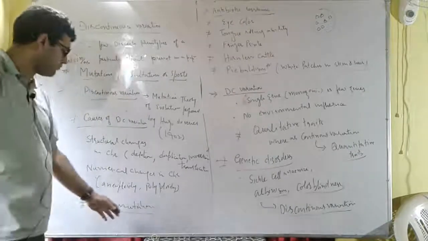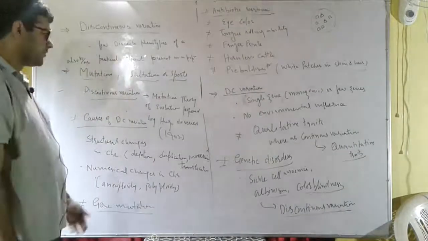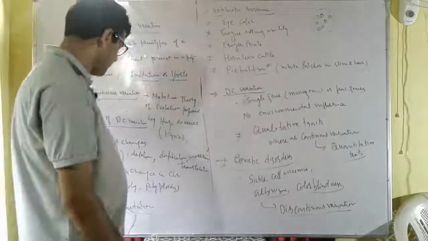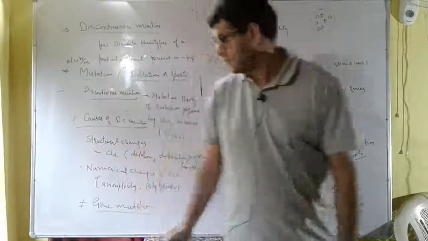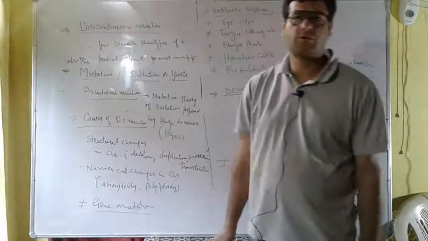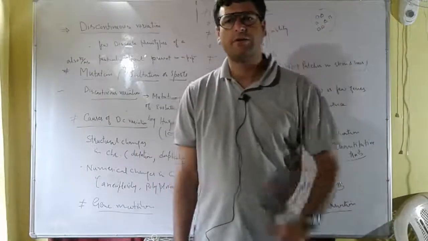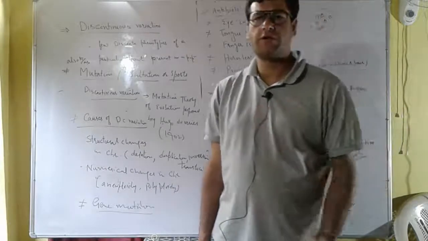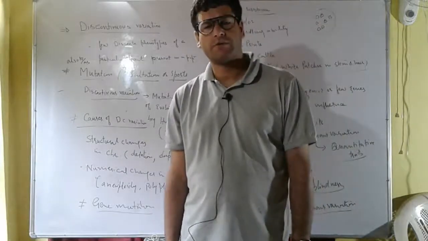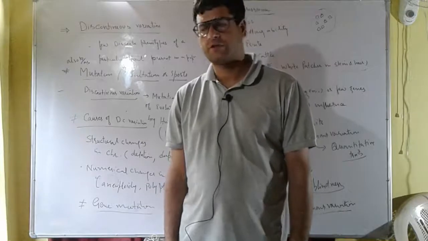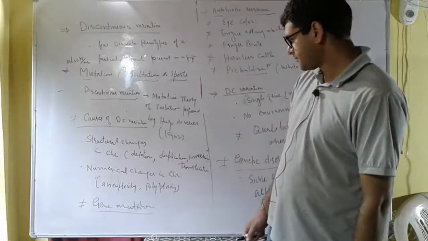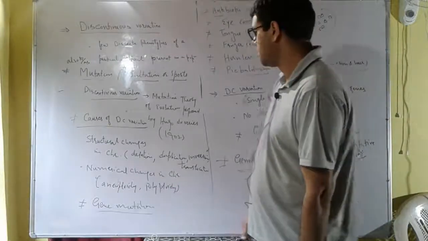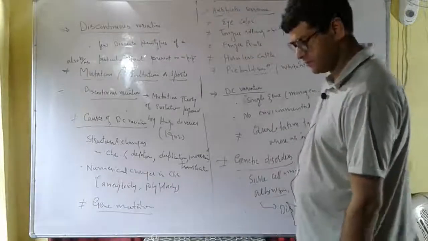Gene mutation is simply the change in the nucleotide sequence of DNA. It can occur by means of addition of nitrogenous bases, deletion of nitrogenous bases, or substitution of nitrogenous bases. These are some of the important causes of discontinuous variation.